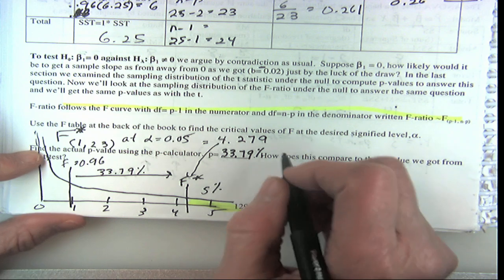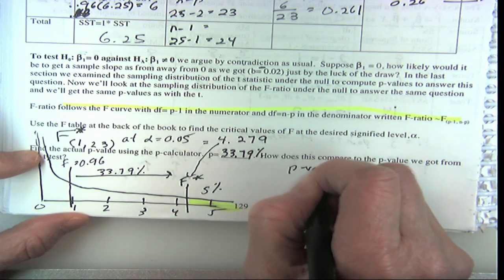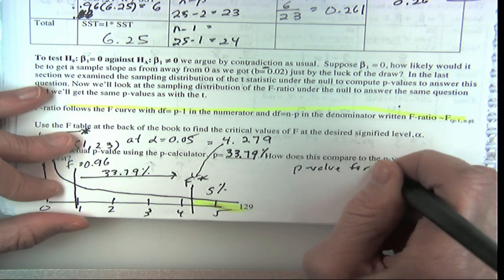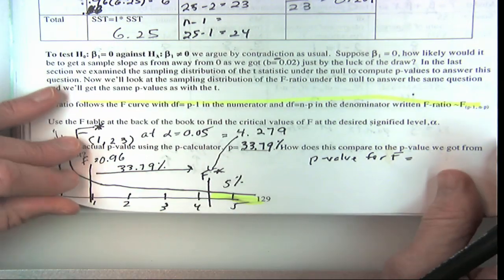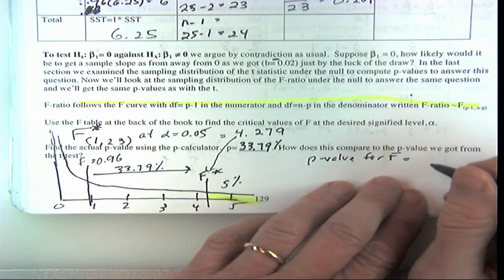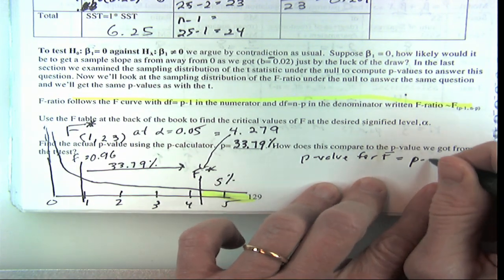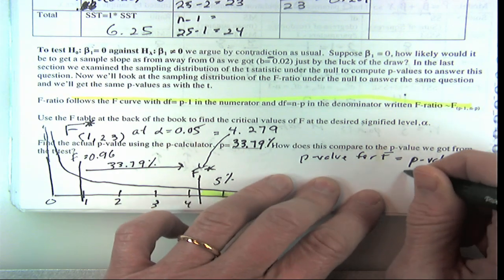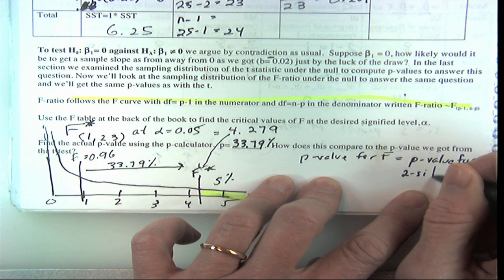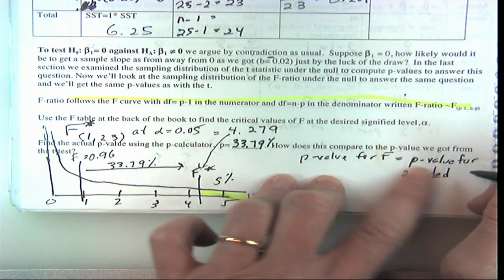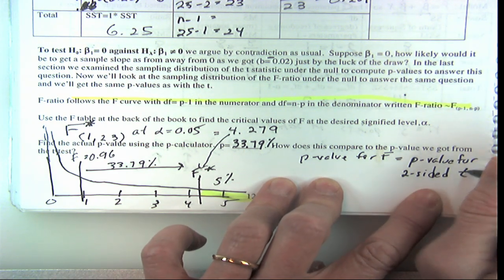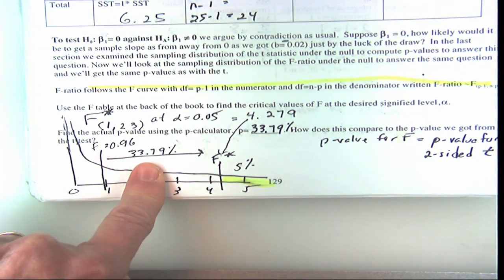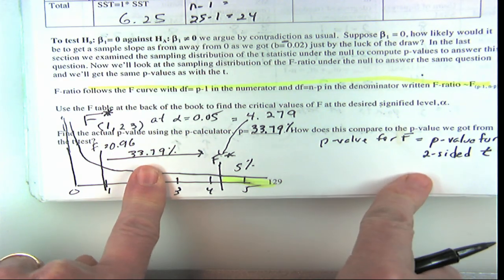Our p-value for the F is equivalent to the p-value for the t for two-sided, both, because it doesn't distinguish between the negatives and the positives. We'll draw it on the next page and you'll see. It's just twice what we got for the t.